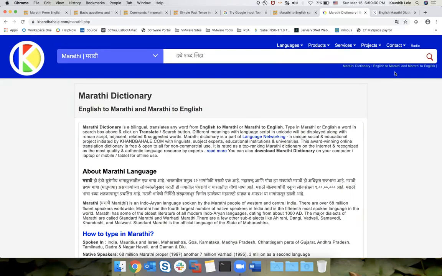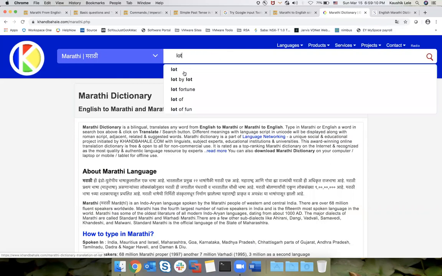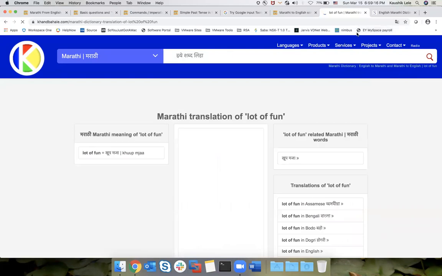How do you say a lot or very? Kup. The word is खूप. खूप मजा.